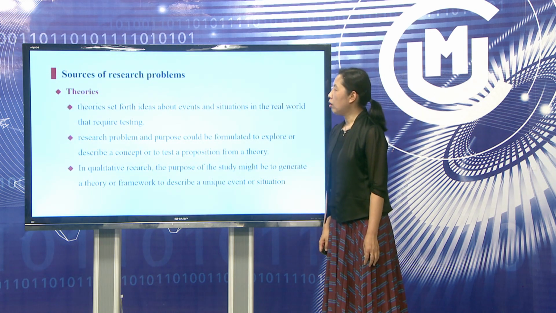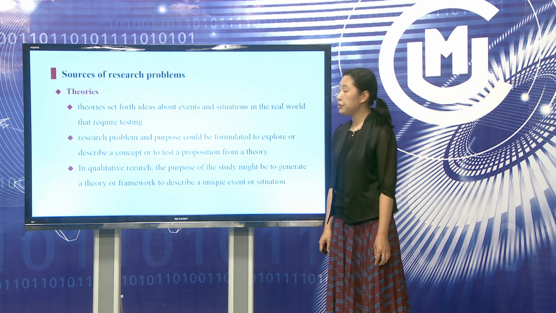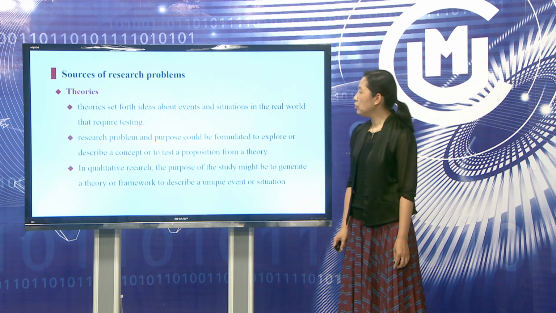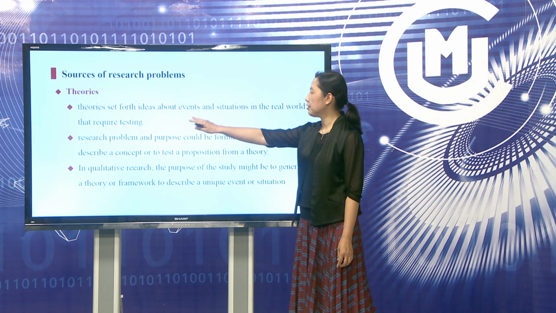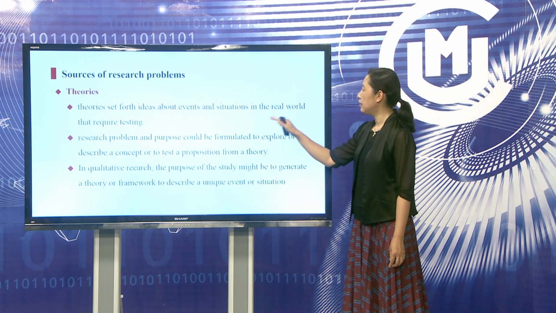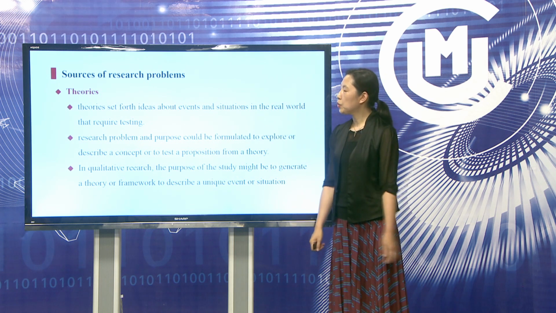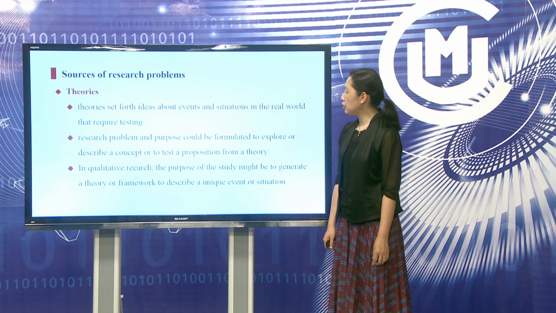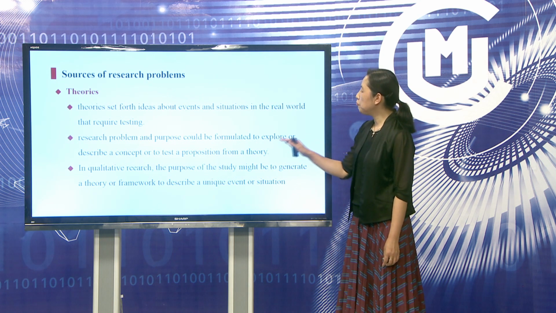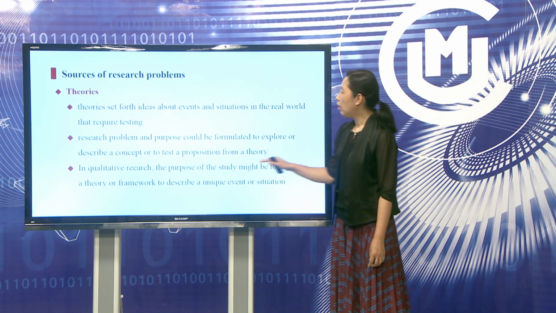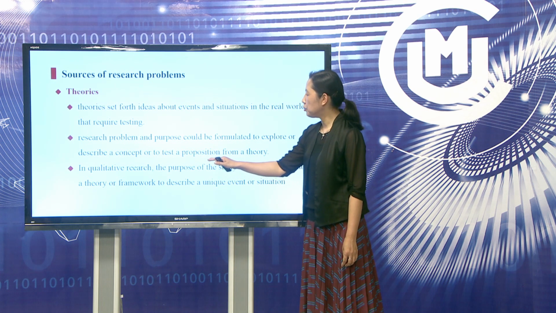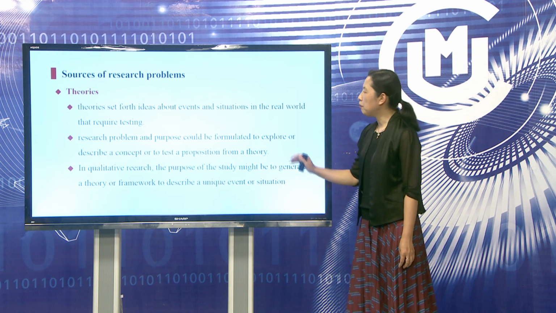Another source for research problems is theories. Theory usually sets forth ideas about events and situations in the real world that require testing. And the research problem and purpose could be formulated to explore or describe a concept or to test a proposition from a theory.